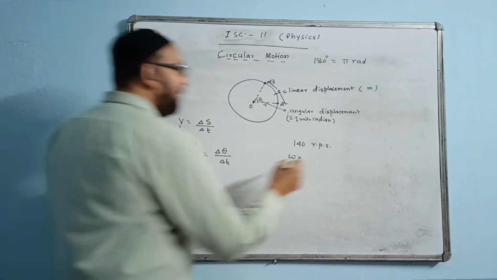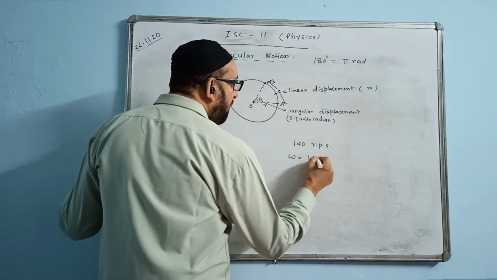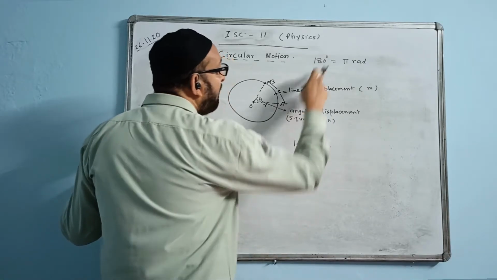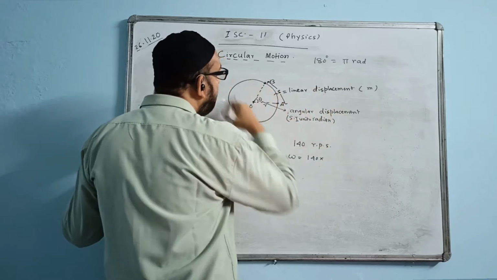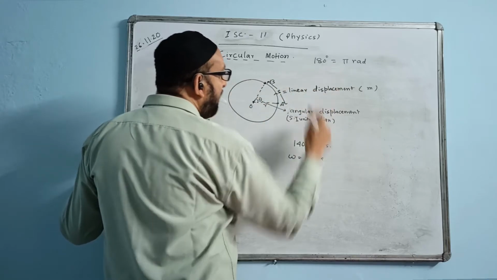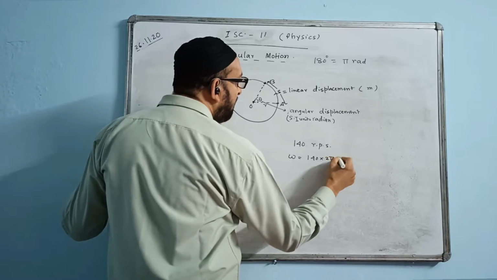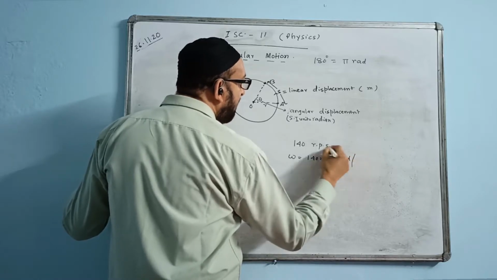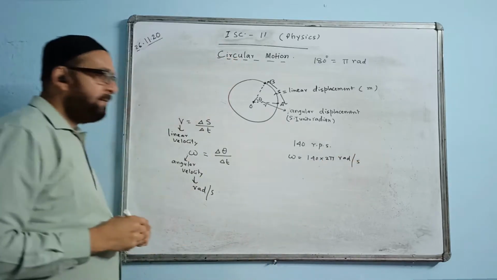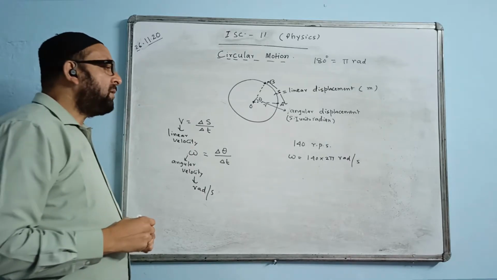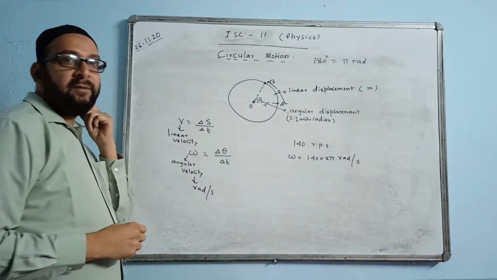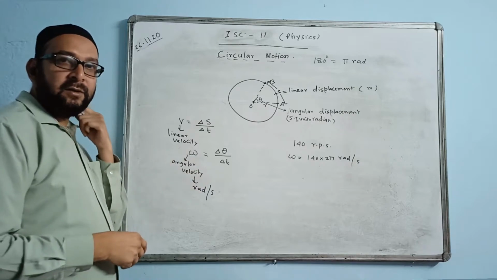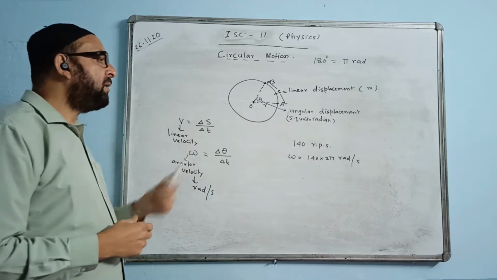How do we change? We write 140. One revolution will have how much angle? One revolution will have a 360-degree angle, that is 2 pi. Multiply by 2 pi, then it changes to radian. The second remains the same. So this will be the answer. For pi you can put 22/7, multiply everything and find the answer, or you can keep the answer in terms of pi.